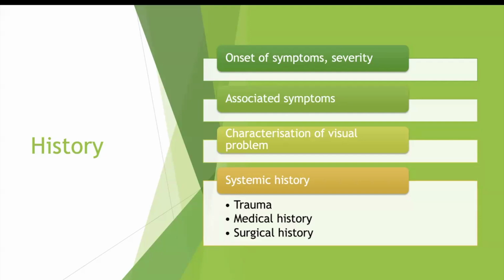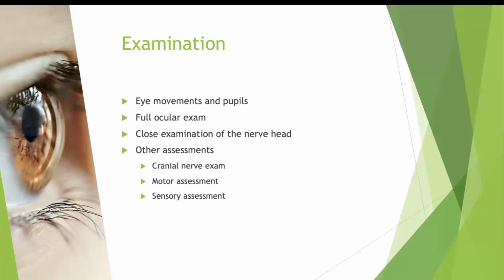because sometimes you'll find something that may explain what's going on but was missed in the initial casualty presentation. Then with the examination, you want a really full front-to-back exam. Look at the eye movements: are any of the nerves involved? Look at the pupils, assess the optic nerve, take a full ocular exam to look at the different layers of the eye, and take a close look at the nerve head. Are there any signs of previous atrophy or previous optic neuritis?